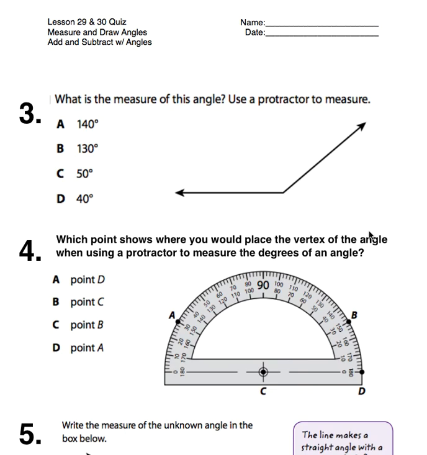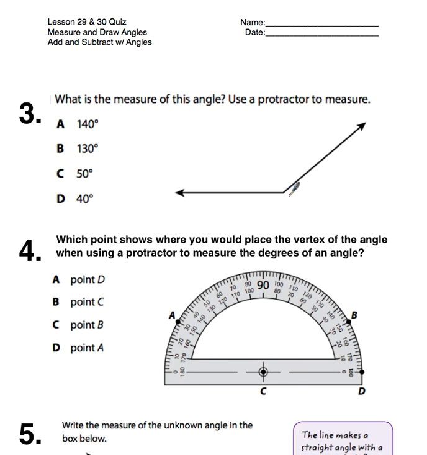All right, let's look at number 3. What is the measure of this angle? Use a protractor to measure. Don't forget, when we use these clear protractors, first thing we need to do is make sure you have it facing the right direction. Make sure that you can read that word clear view.